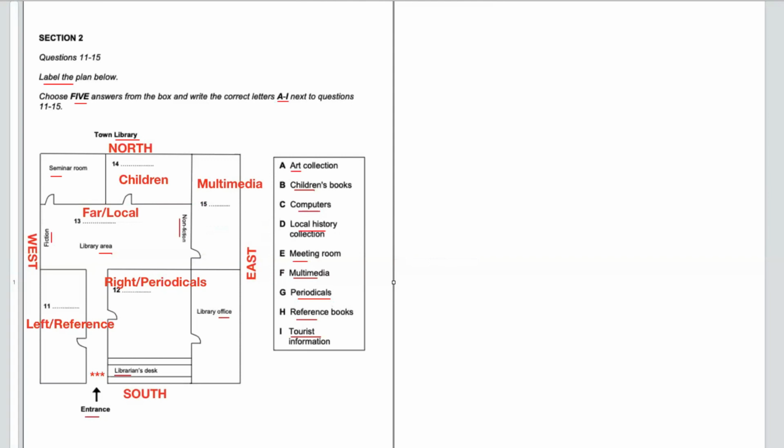It was originally the art collection, but that's been moved to another building. And that's about it. Oh, there's also the library office on the left of the librarian's desk. Okay. Now, does anyone have any questions?